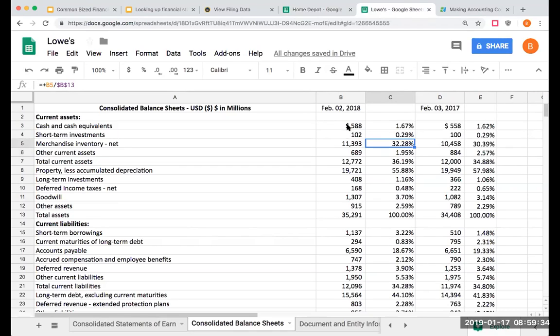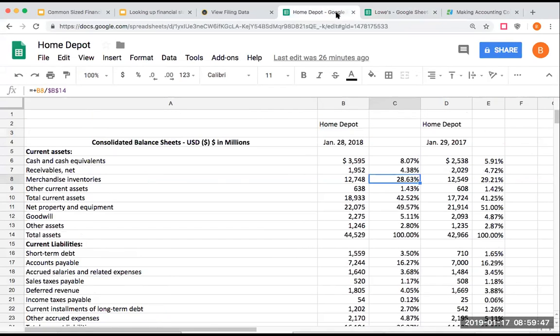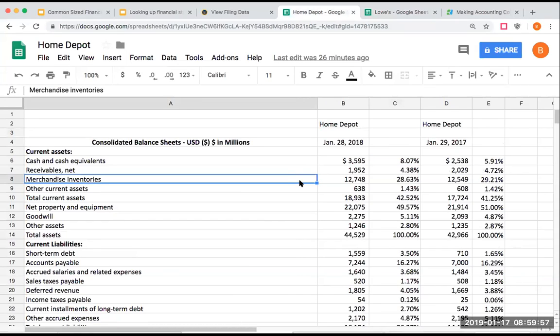But notice here, Lowe's has, I don't want to call it a liquidity problem, but they've got about 588 million, or about 1% of their total assets, in cash, as opposed to Home Depot, which is around 8%.